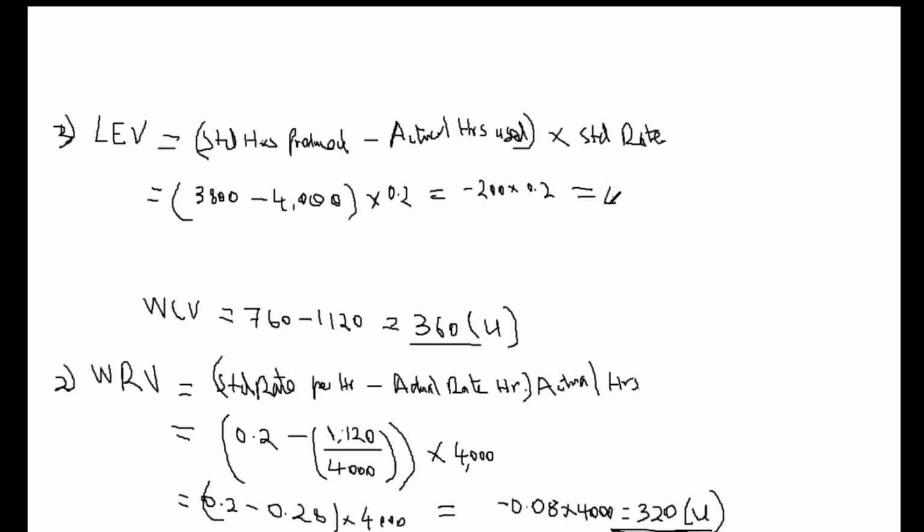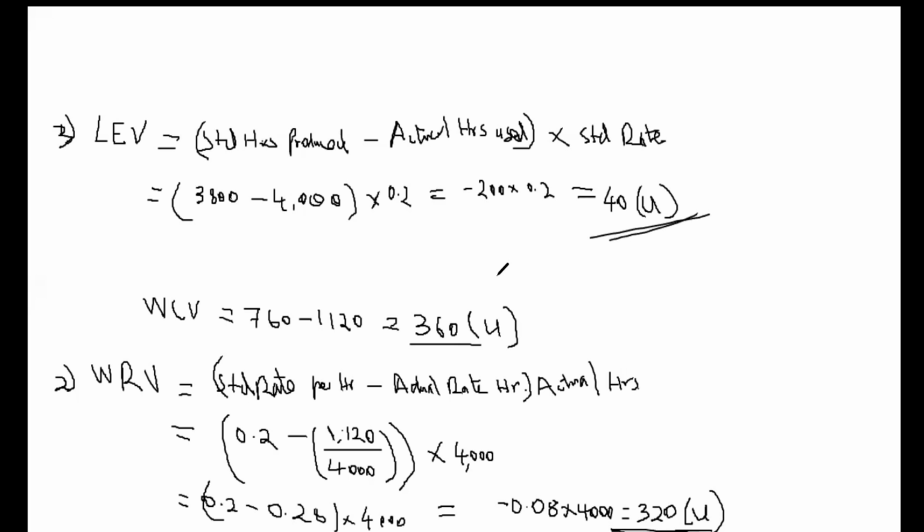So negative 40. You can see this is negative and you are dealing with cost. Therefore, it becomes what? U or F? U. It becomes U, okay? Because it's negative and we are dealing with cost.